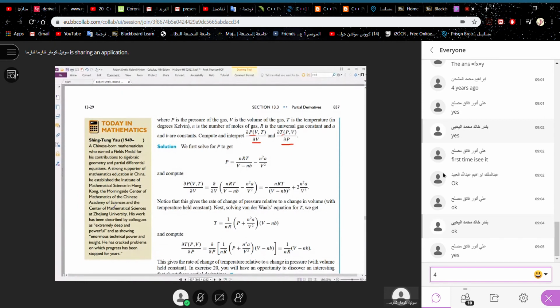Either you write P as a function of volume and temperature, and temperature as a function of pressure and volume.